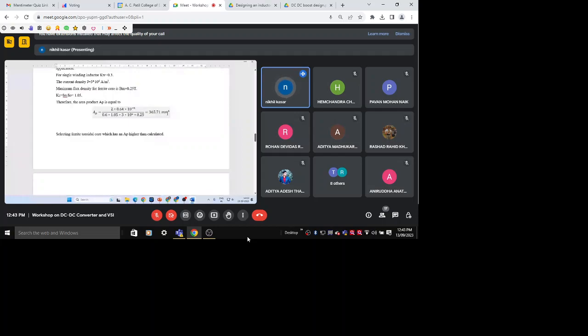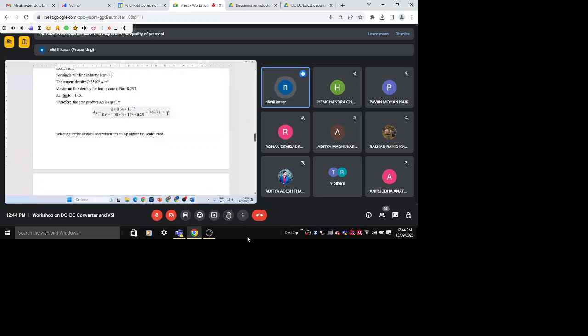Here in this core table, for the shapes of cores, each toroidal core has a different value in millimeters. This is the core area and this is the area product.